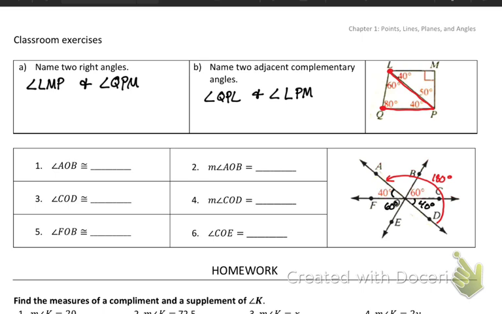It would be 80 degrees. And then we go straight across because I have another vertical angle, and that would be 80 degrees as well. Now we have numbers for everything, so we could go over here and name all of those. But I'm going to skip that so we can get into our quiz, so we can have plenty of time for our quiz, okay?